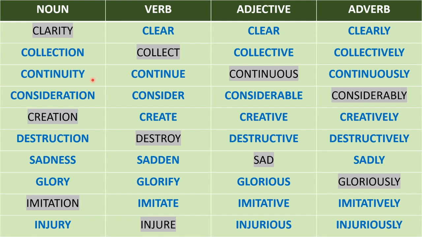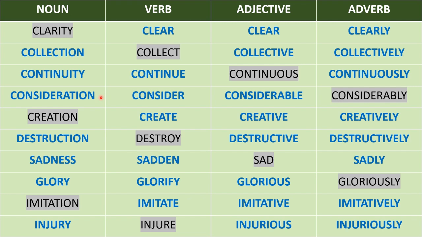The form is continuity as noun, continue as verb, and continuously as adverb. I'm not giving you sentences for each because I would like to leave some work for you. This is a classroom. Please don't forget that in a classroom you have lots of homework to do.